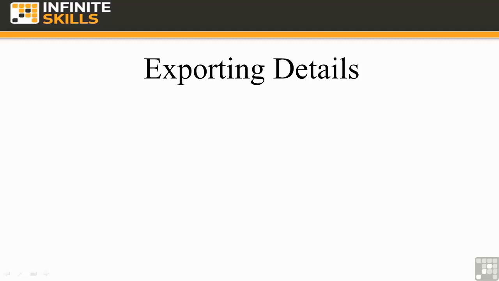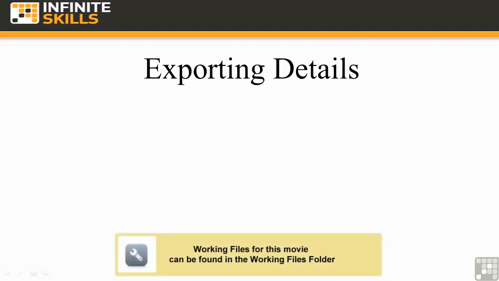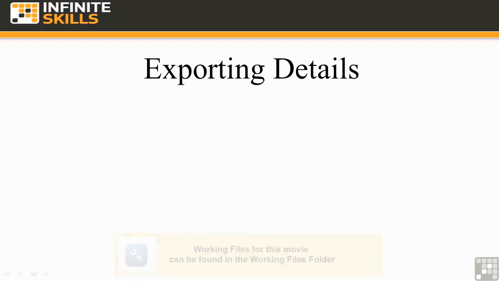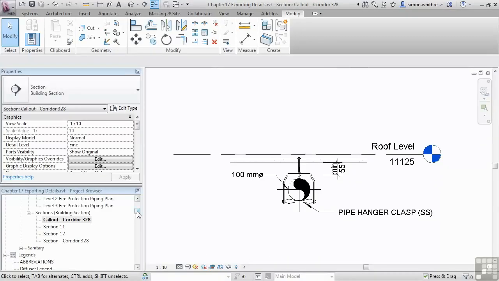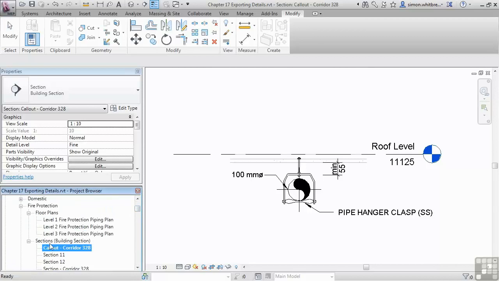From the Startup screen, click on Open, browse to your Chapter 17 folder, and open Chapter 17 Exporting Details. From your project browser, scroll down until you find Fire Protection, Sections, and then call out Corridor 328.